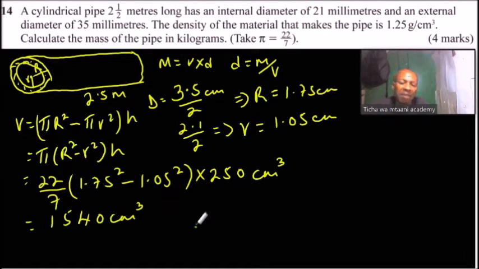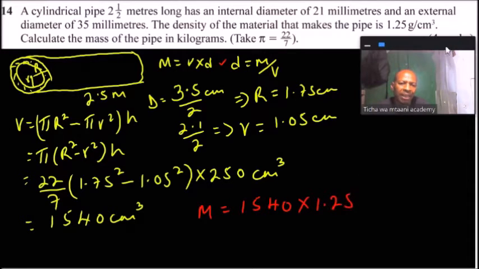Now you have the volume, so what we need is the mass, and we had said mass is equal to volume times density. So this is 1540 multiplied by 1.25, that is the density given here.